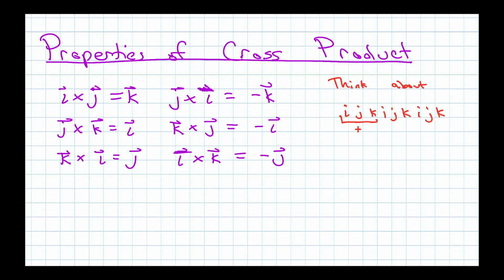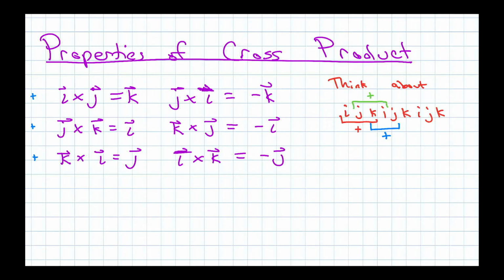Now JKI is actually in order as well, because JKI is right there: J and then K and then I. So JKI is also in order, and everything is plus. And the third one, down here, you have KIJ. Those are in order, so that's also plus. So everything was a plus.